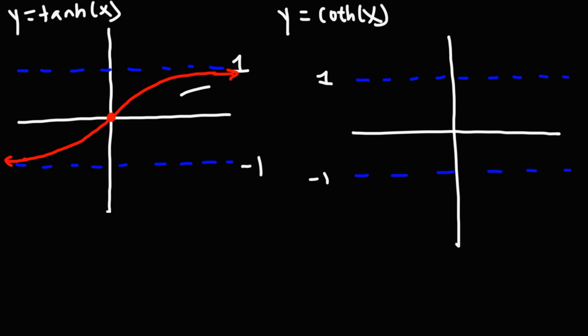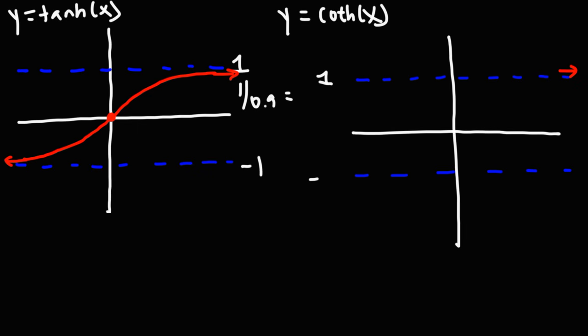The difference is, as we get closer to 1, but we're still below 1, hyperbolic cotangent will approach 1, but it's going to be above 1 as opposed to below 1. So it's going to approach the asymptote, but from above it rather than below it. So it's going to be on this side here. And the proof of that is just, remember, 1 over 0.9.